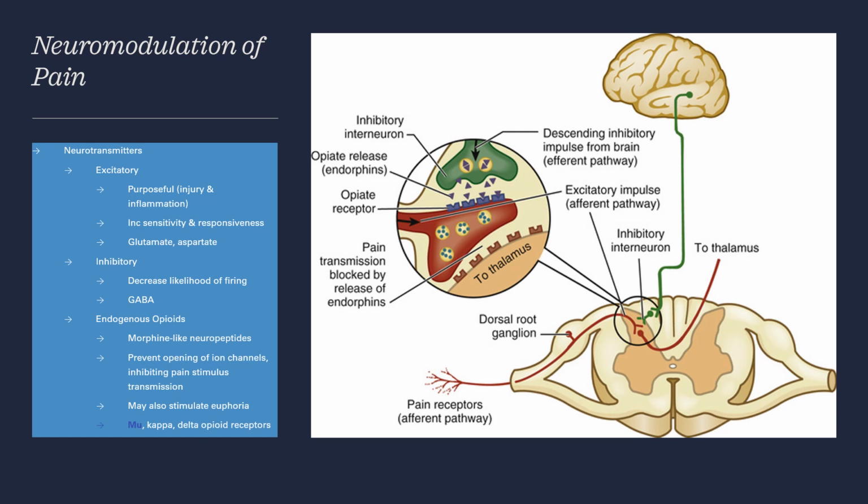As they walk on this painful inflammatory injury, their ankle gets more sensitive to stimulation and causes the person to stop walking on the affected ankle. This gives the body time to heal. So in this case, the excitatory function is purposeful in allowing the injury to heal.